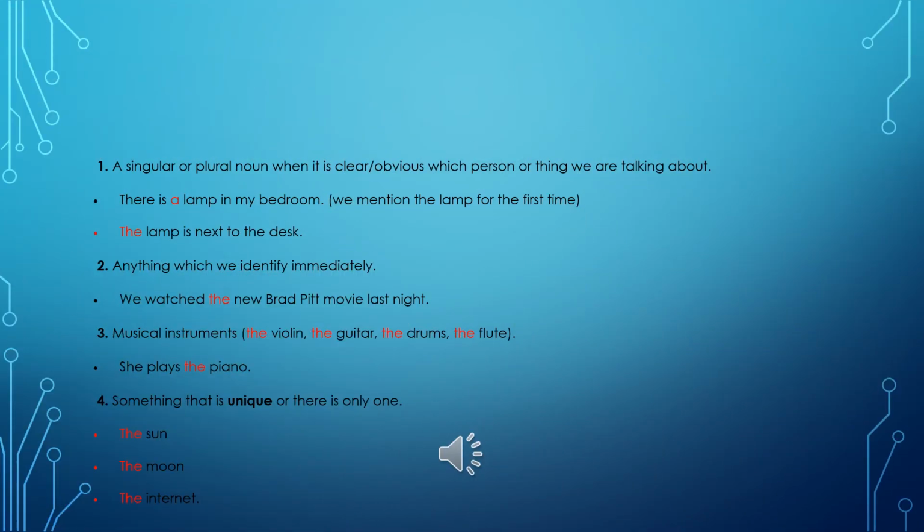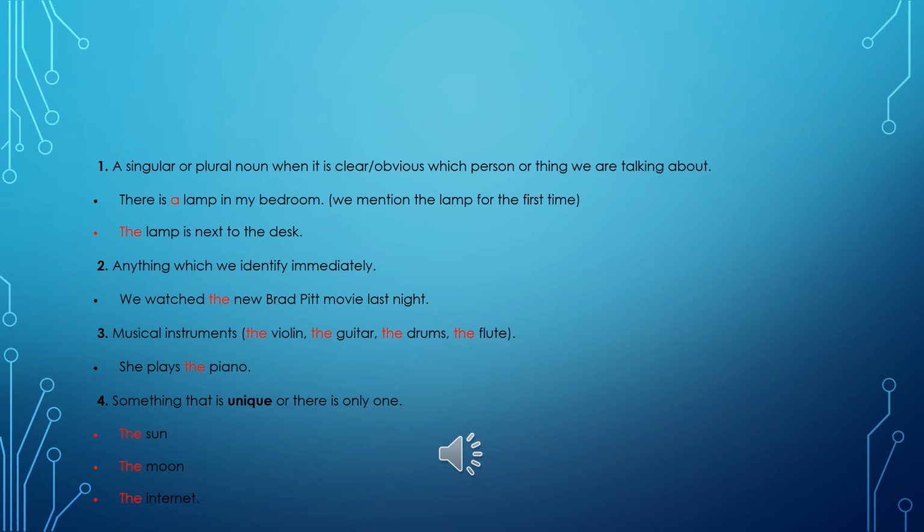Now, after we have finished the indefinite articles, a and an, let's move to talk about the definite article, the. We use the definite article the with a singular or plural noun when it's clear or obvious which person or thing we are talking about. For example, there is a lamp in my bedroom.